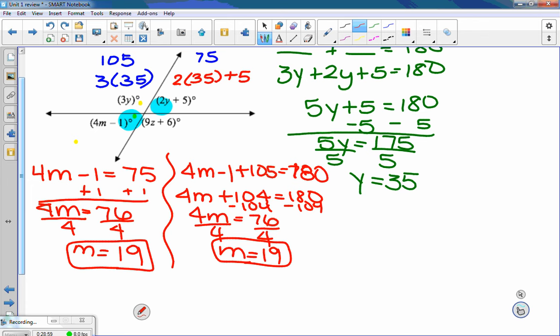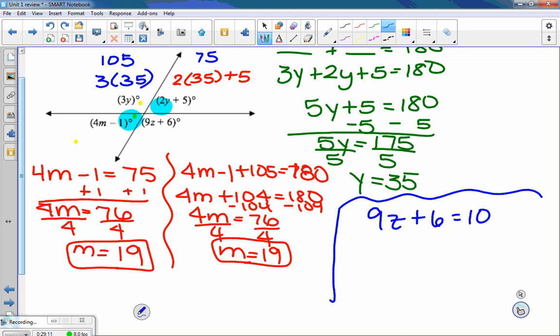All right, give me an equation to make for z. I heard 9z plus 6 is equal to 105 because these two are vertical.